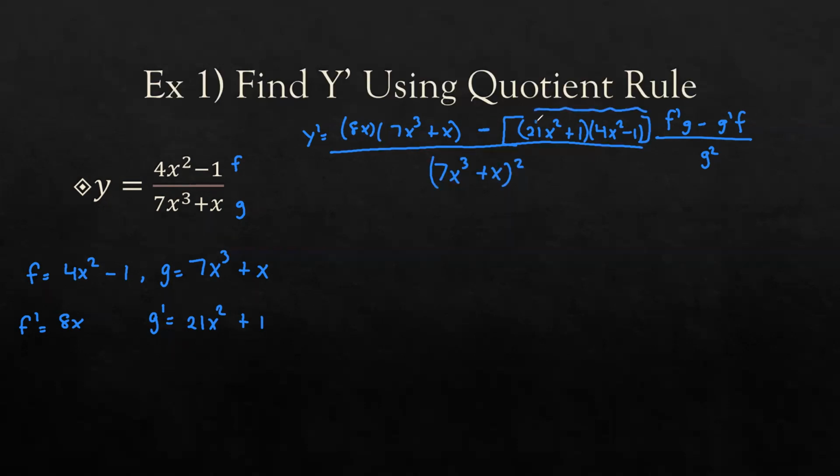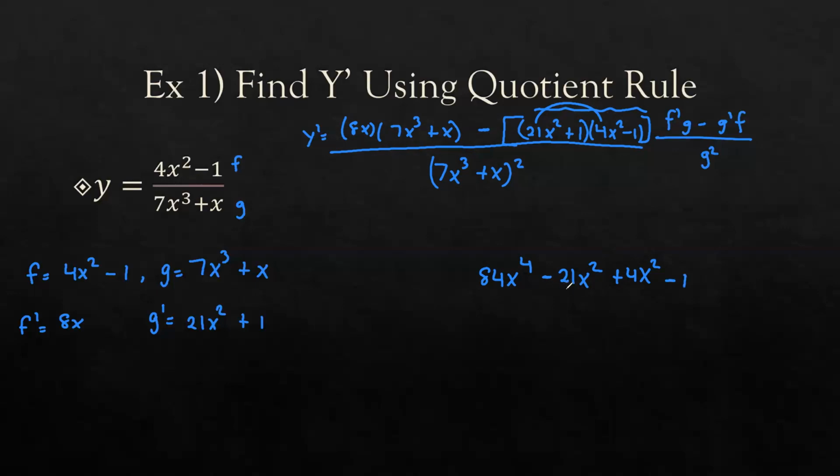So 21x squared times 4x squared is 84x to the fourth. 21x squared times negative 1 is negative 21x squared. 1 times 4x squared is positive 4x squared. 1 times negative 1 is negative 1.